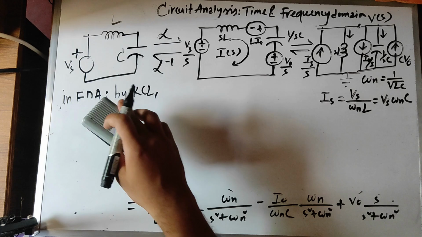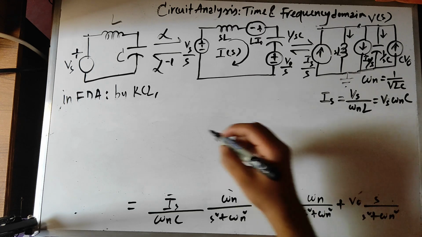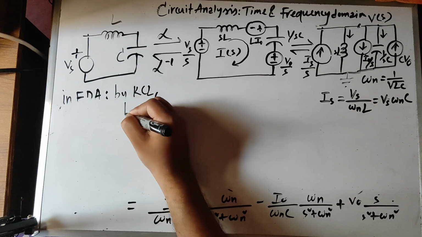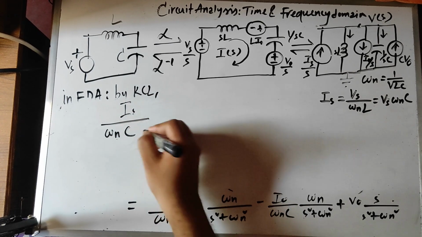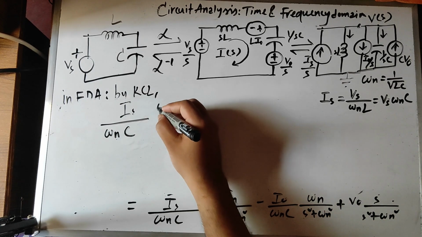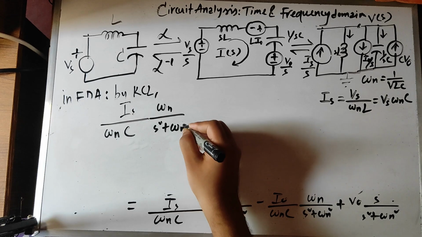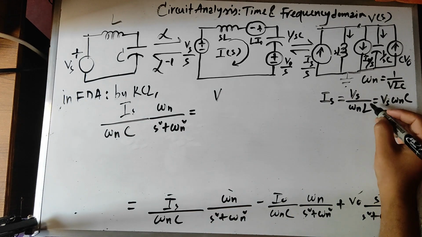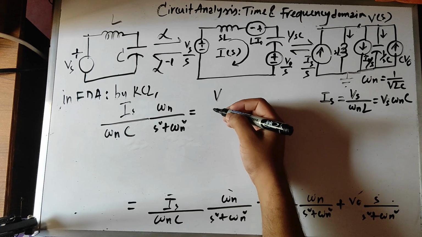First, let me represent this term in terms of voltage. Is by omega n C, omega n by S² plus omega n squared, which is, I'm going to use this Vs by omega n L for convenience, obviously.